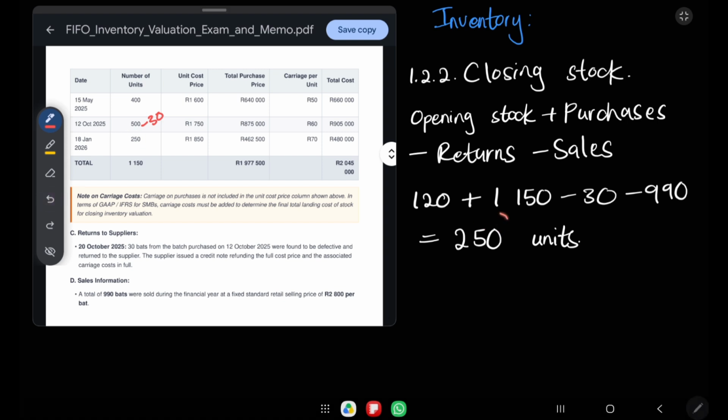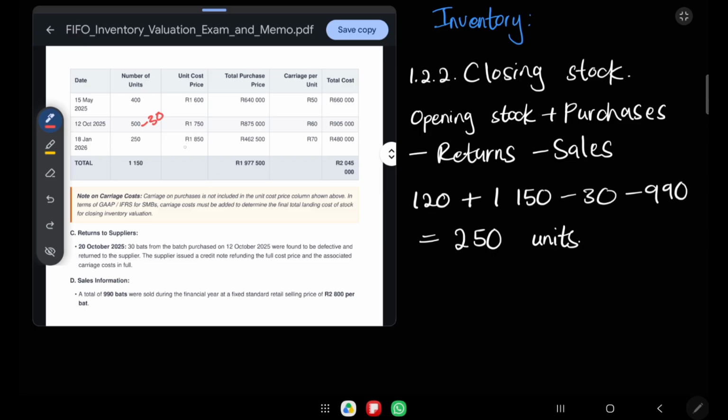So in this case, you have 250 units. That means all those 250 units are there. You'll only focus on the last batch because the 200 and the 500 are already sold or bought. Remember, it's the FIFO. So we have 250 units.